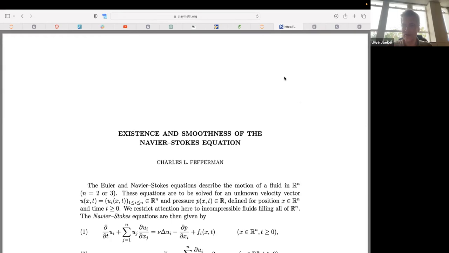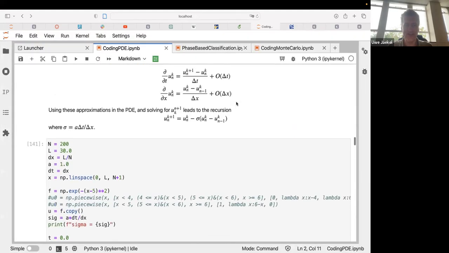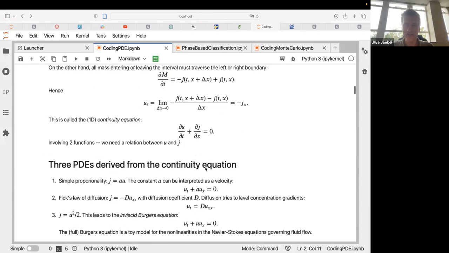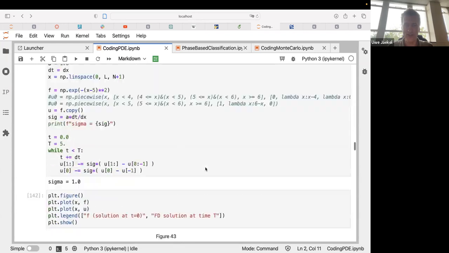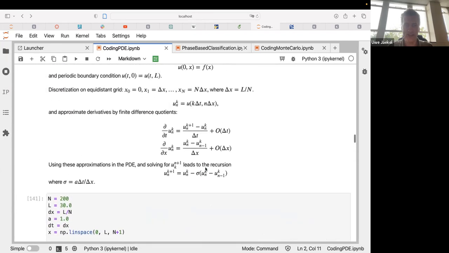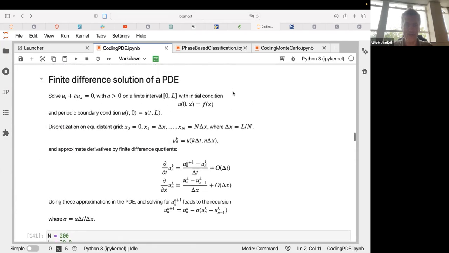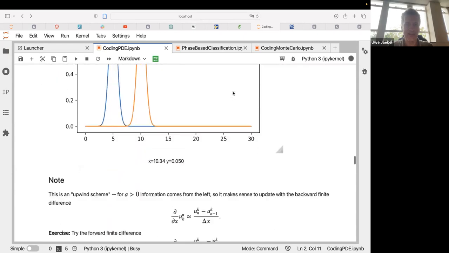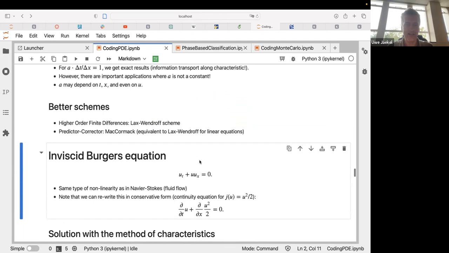You find this when you follow the link to claymath.org, which I have linked in my document. There's a description of all these Millennium Prize problems, and in particular, a description of the Navier-Stokes problem. And please have a short look at the Burgers equation here.